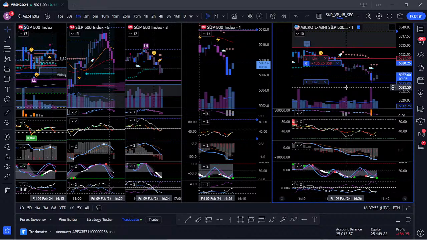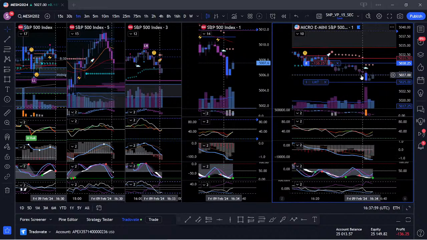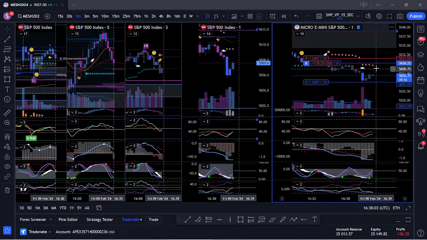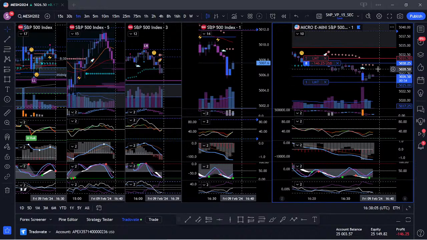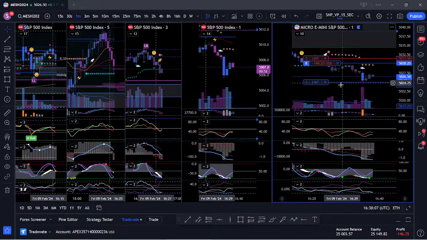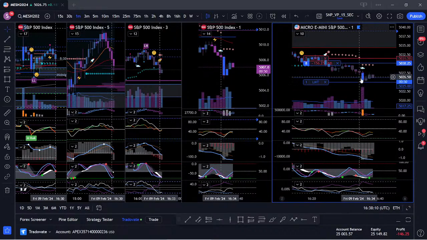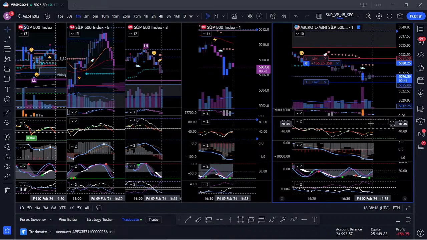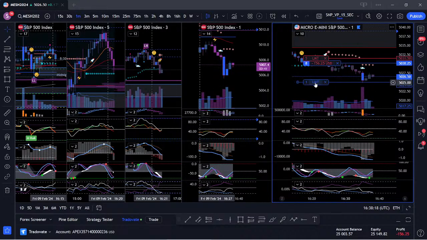Remember, still we have one more push. Now some have sold here, but if this price action moves up, it will explode. Some people got panicked and they sold this. Potential on ES.